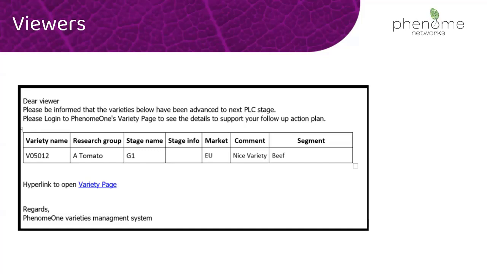Viewers are users that only access the variety profile as read-only, for information. I think this is a nice way to share variety information with a large set of people within the company and provide the variety portfolio so they can look at it once it's approved. It's relevant for managers and so on.